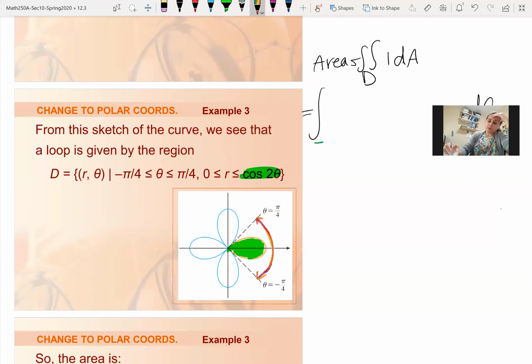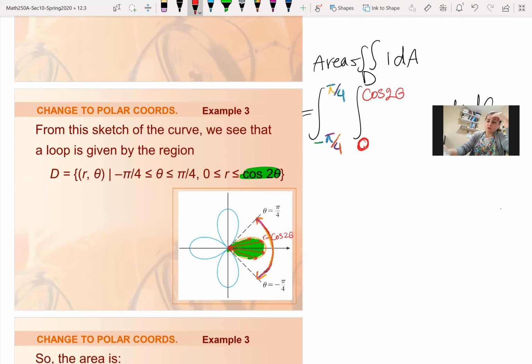So this is from negative pi over 4 to pi over 4 based on the graph. Then the radius is moving from the origin all the way to this leaf, and that's whatever the equation of the rose is, so it's moving from 0 all the way to cosine of 2 theta.